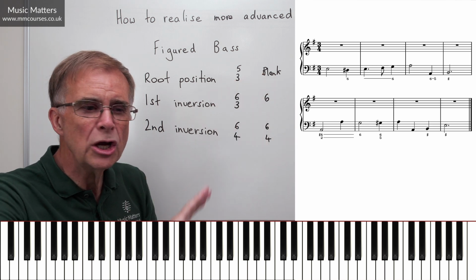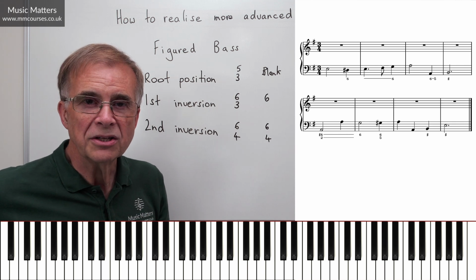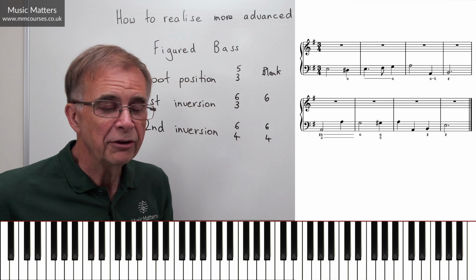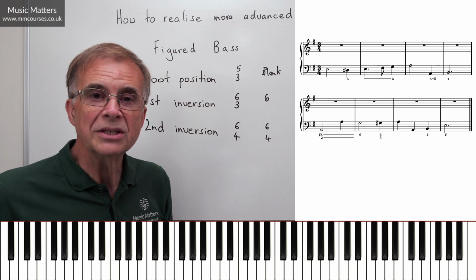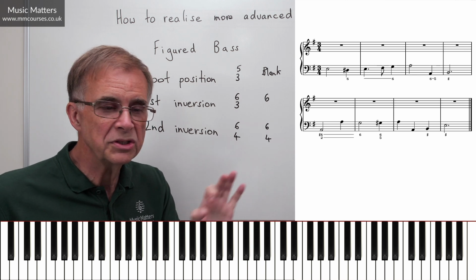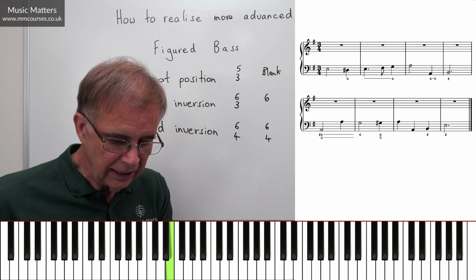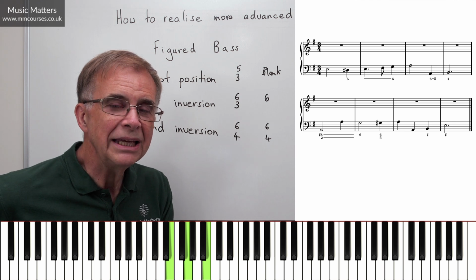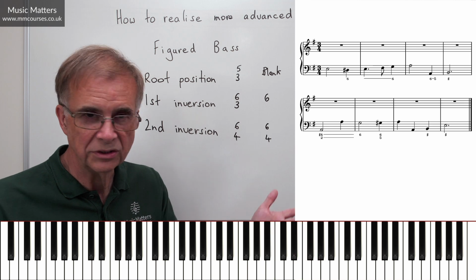So if you see no number at all underneath the note, then you know it's a 5-3 chord, a root position chord. Looking at this example, the very first note is E, and it's blank, no numbers. So it's a 5-3 chord, a root position chord on that first note, E. So it will be E, G, B, giving me a root position of an E minor chord. I can organize that in any way that I want to.